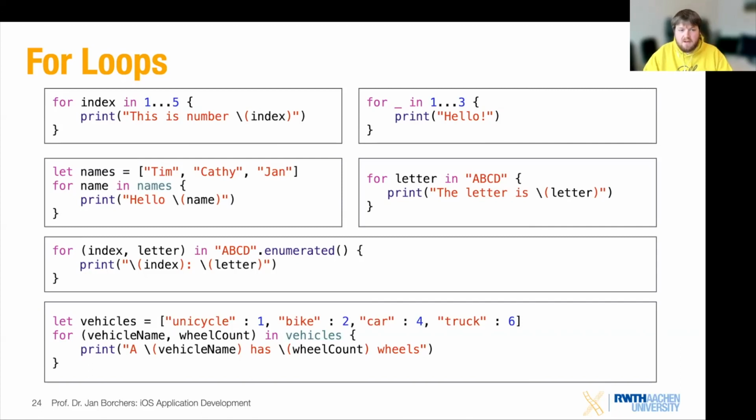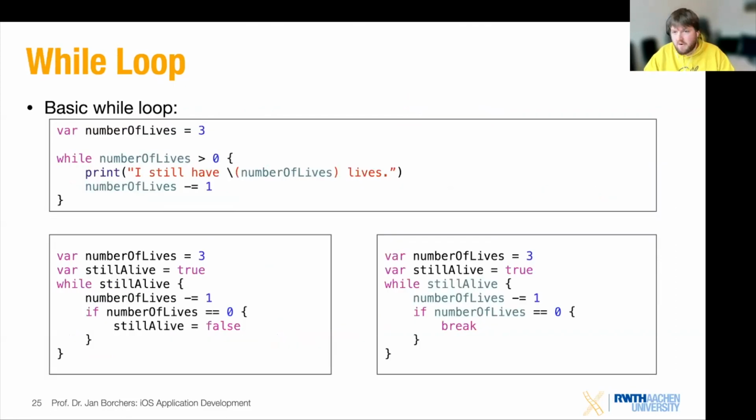But yeah, for loops are not the only way you can loop through different actions. While is of course also possible to have a while loop, and the syntax is quite similar to other programming languages: you have the keyword while and then the condition that is checked whether it's true or not.